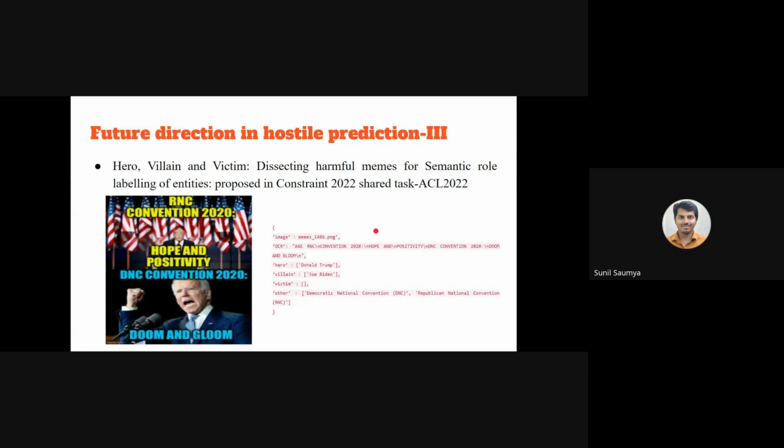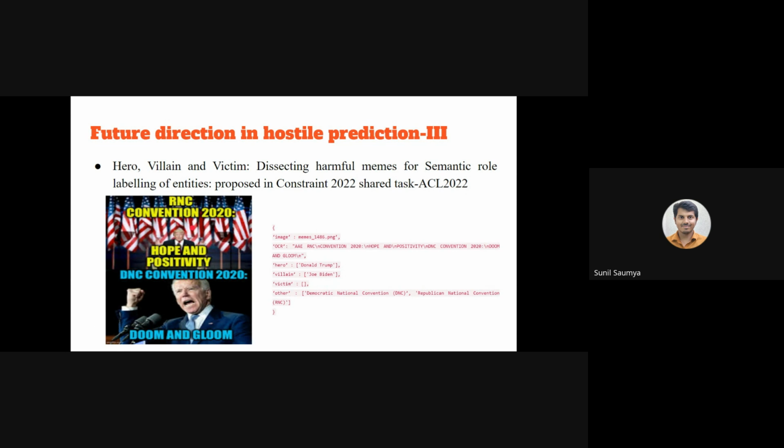And there is one more task, which was published in ACL 2022, where there is a meme, and in that meme we need to identify who is the hero, who is the villain, who is the victim in the context of the hostile prediction. Because whenever we say hostile, there is some victim for that hostile post.